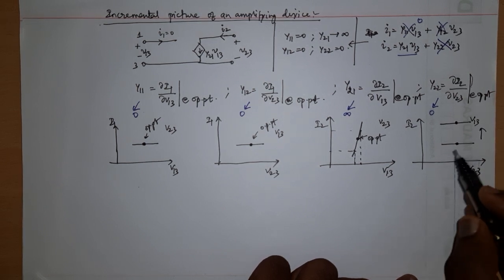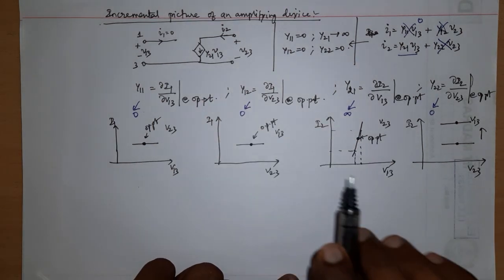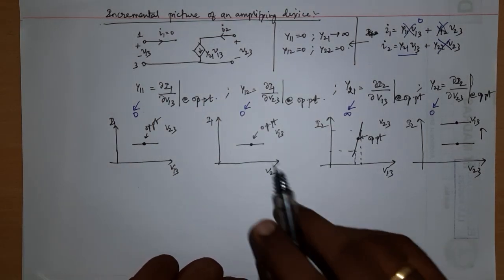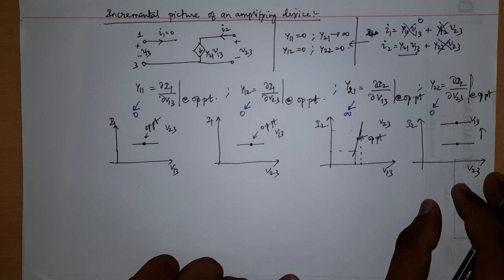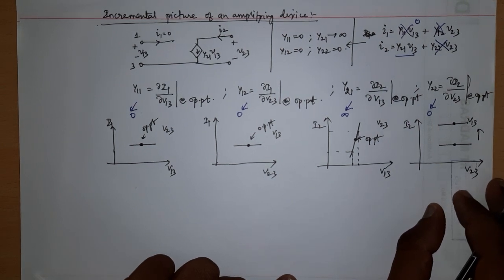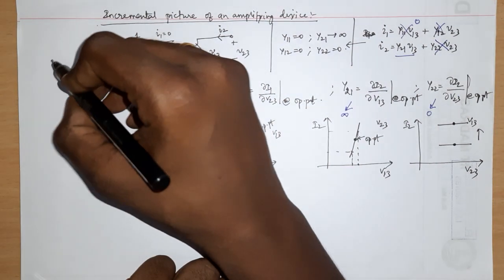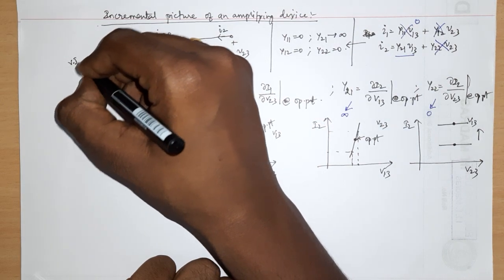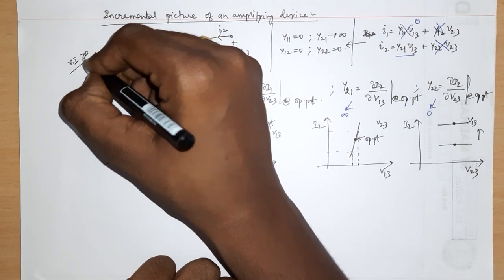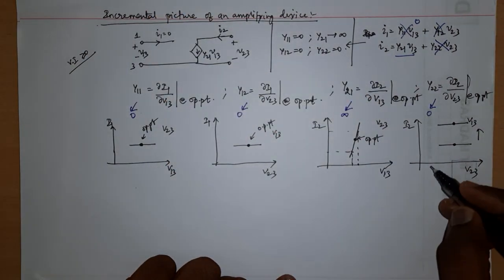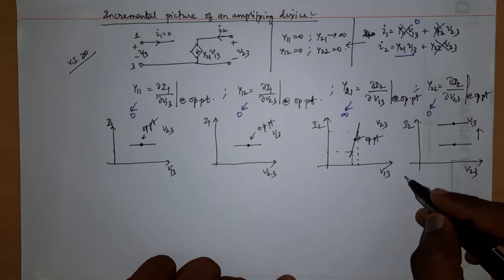If this two-port device is going to be passive, which will be true because all the devices are passive, they cannot generate power. Passive means their V into I will be greater than or equal to 0, or their characteristics should lie only in the first and third quadrants, right?